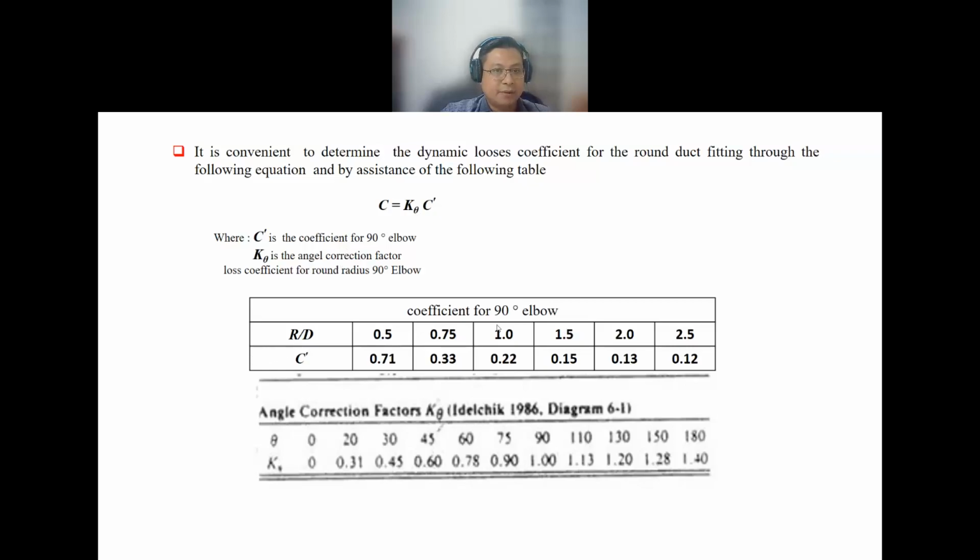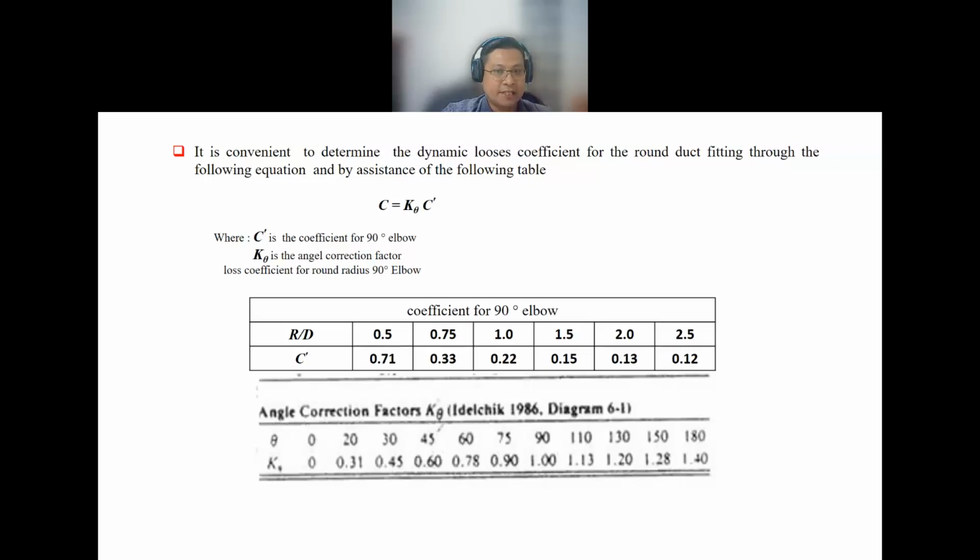So we can consider K theta for 90 degree is 1. For 45, consider K theta is, but C prime only mentions 90 degree.